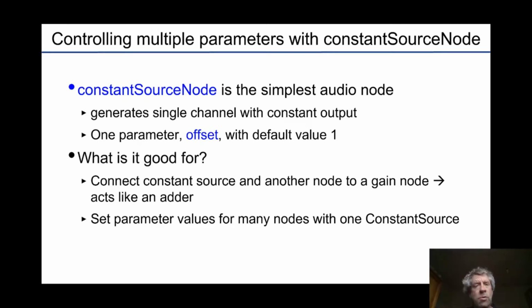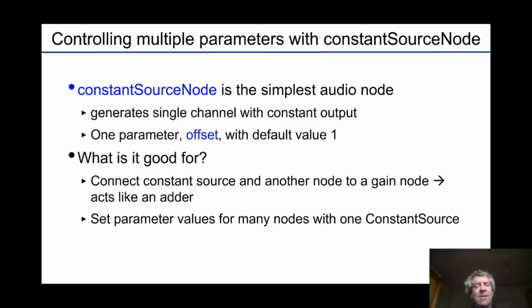Yet it's a very useful node, one that appears over and over again whenever you're implementing large things with lots of nodes and a big complicated audio graph. So if you connect a constant source and another node to a gain node, then the constant source acts like an adder.